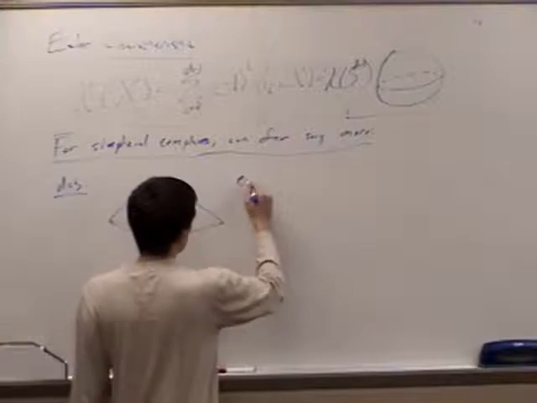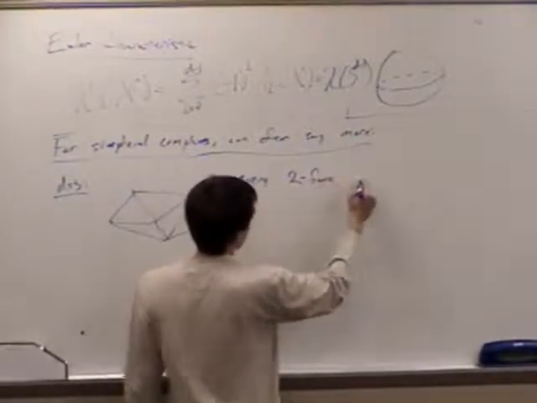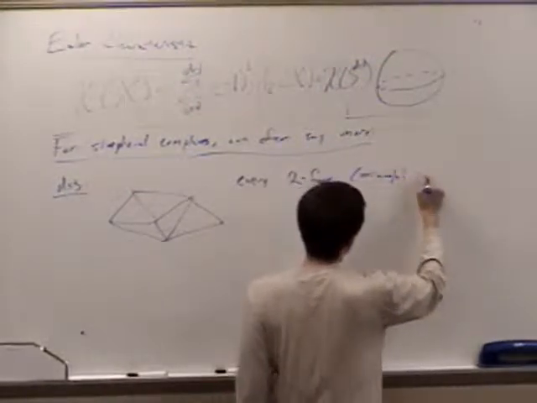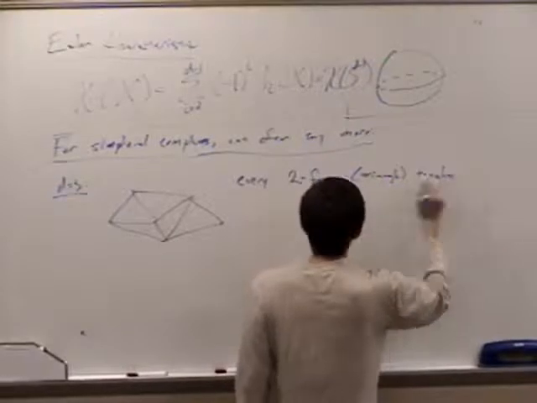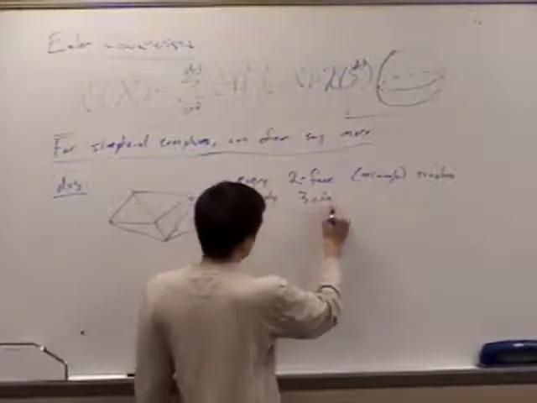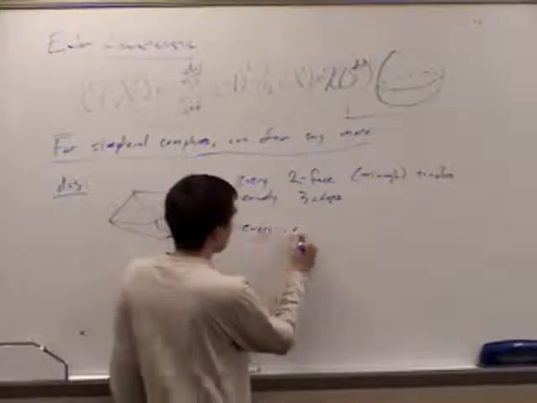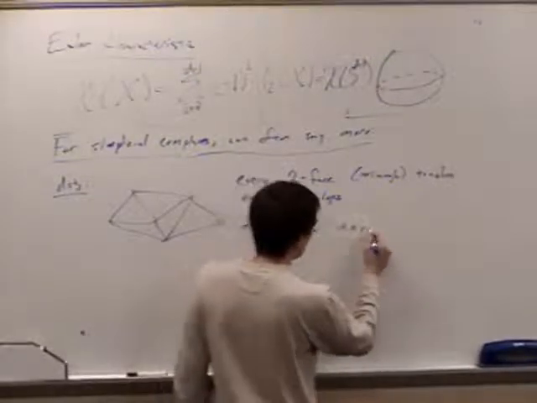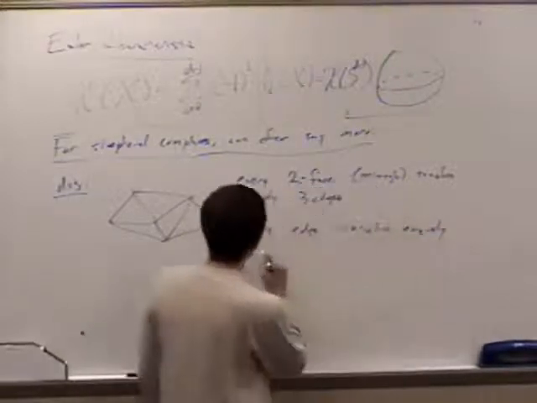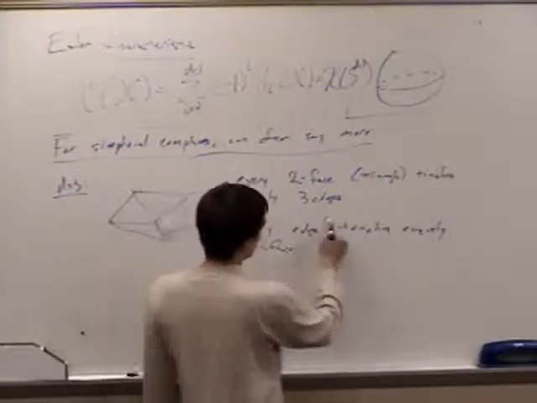So we'll say every two-face, we'll say triangle, touches exactly 3 edges. That's always true. And similarly, every edge touches exactly 2 faces. So this is a one face.